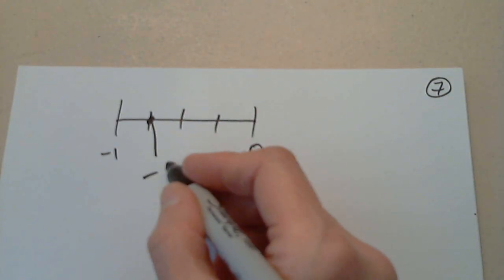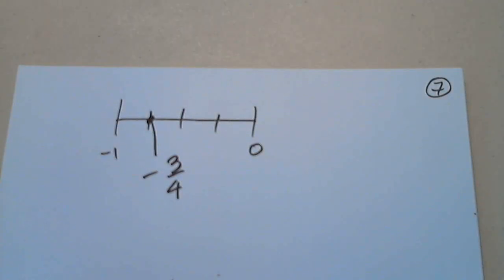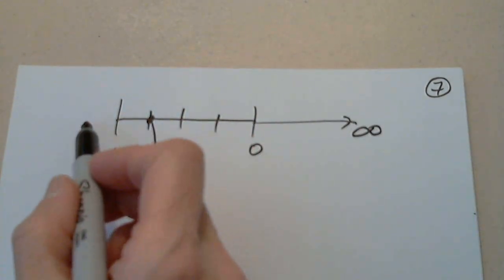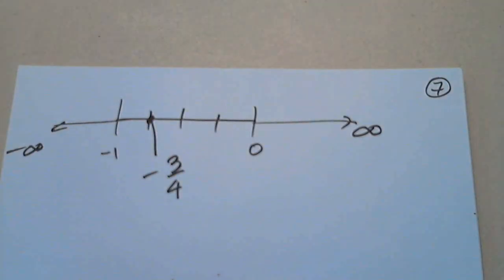So this one would be -3/4. And of course, this is the positive side and this is the negative side. That was easy because we needed to divide the unit into 4 parts, not 11.